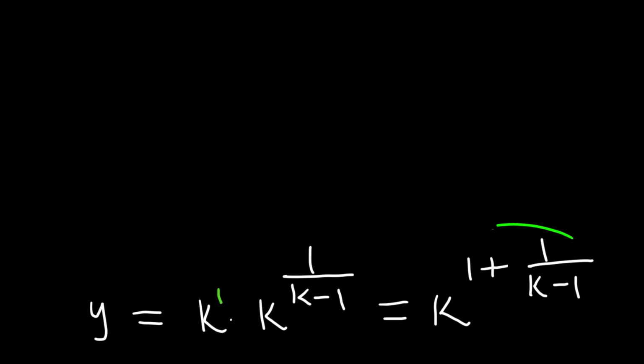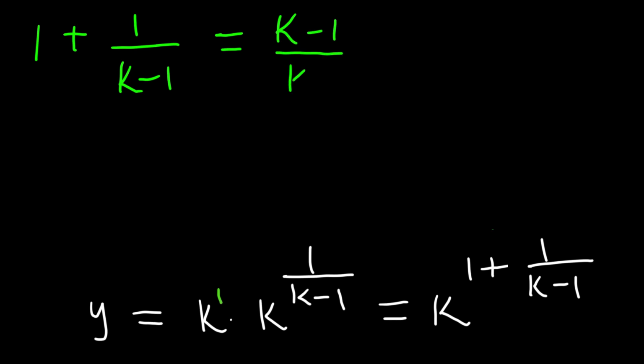Now let's see how we can simplify this. 1 plus 1 divided by k minus 1 is the same as, now 1 can be written as k minus 1 divided by k minus 1, plus 1 divided by k minus 1. And since we have the same denominator, we can combine the numerators.